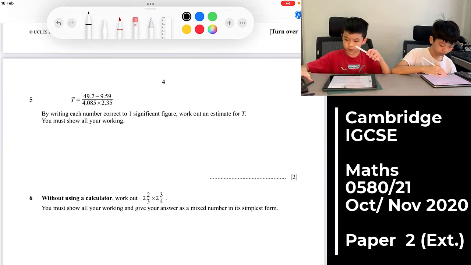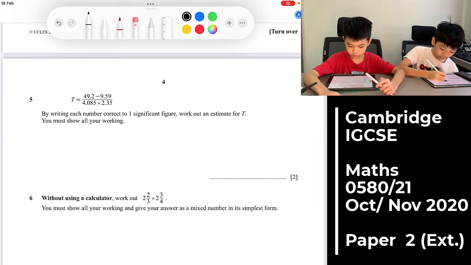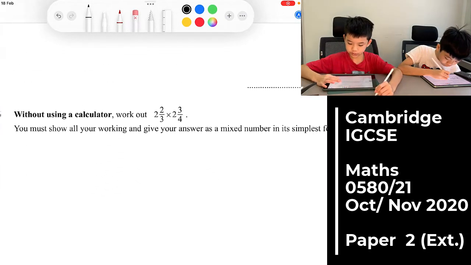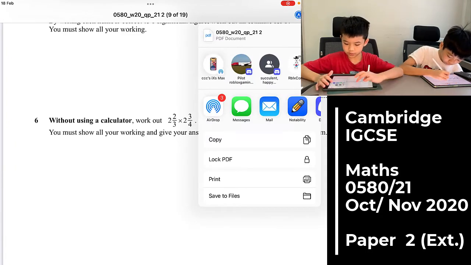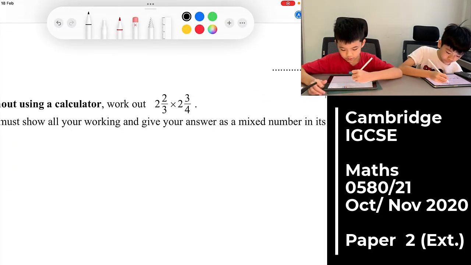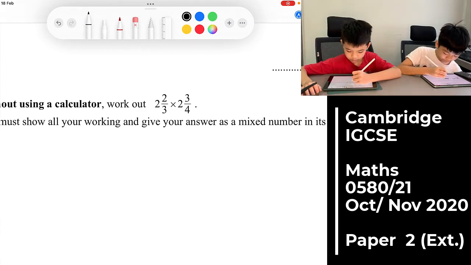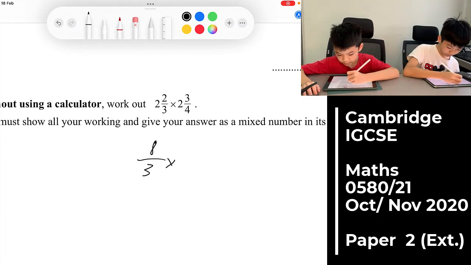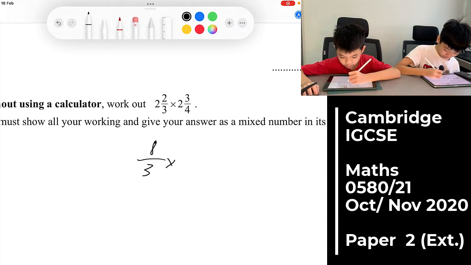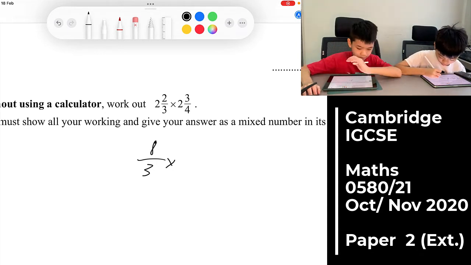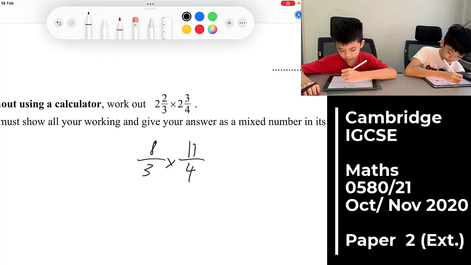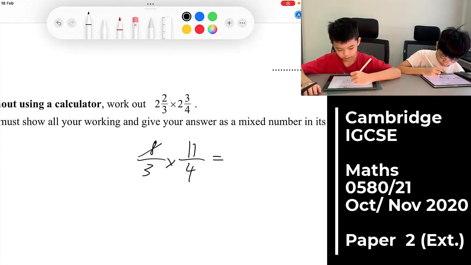Question 6. Without using a calculator, work out 2 and 2/3 times 2 and 3/4. So first we convert it into an improper fraction. 2 times 3 is 6, 8 thirds times 11 fourths, which is, okay, we can cancel this.